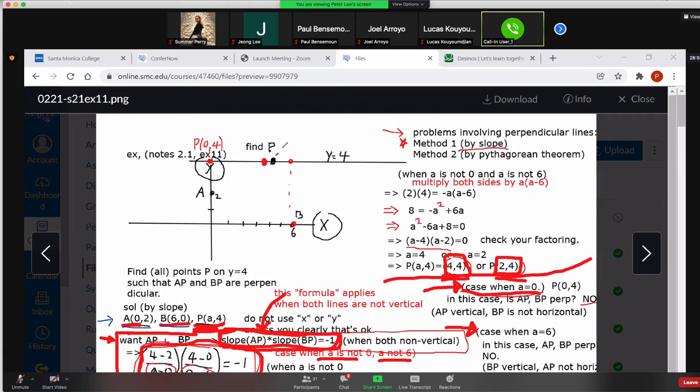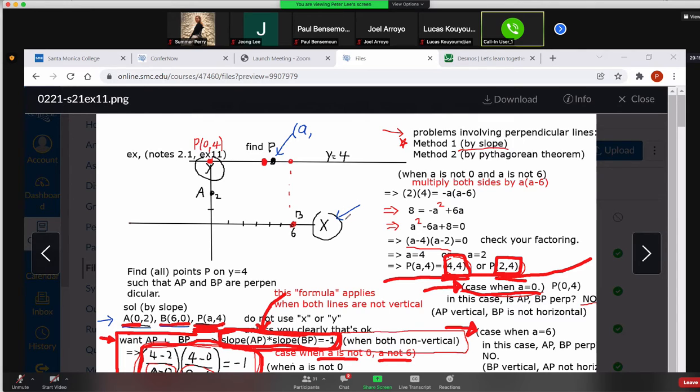And the point P is a point on the line y equals 4. So we can say that for this point right here, we don't know what the x coordinate is. So why don't we call it A? By the way, do not use x. When we name this unknown point P, do not name the x coordinate x, because x is already used up here.